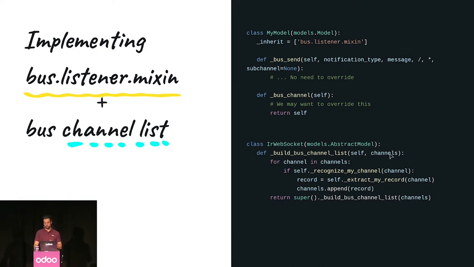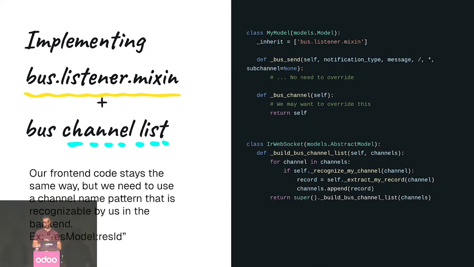In the channels parameter, we're going to receive all the channels that the user, the client, has requested to listen to. And then we're going to do something like, okay, I have to recognize my channels. So we will see how we can use a channel name that we can recognize. I will extract my record from the channel name itself. And then if everything goes well, I will add the record to the channel list.